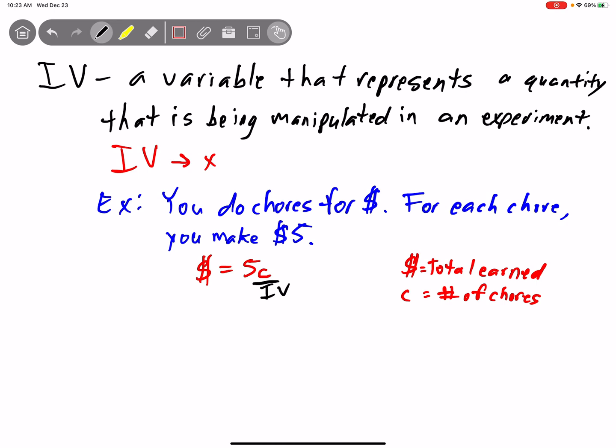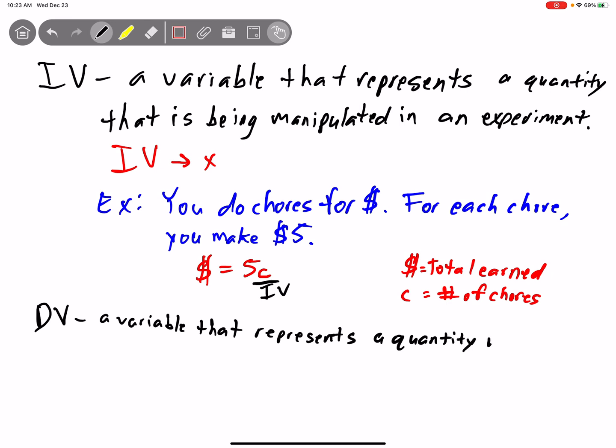Now a dependent variable, which I'm going to call DV, is a variable that represents a quantity whose value depends.